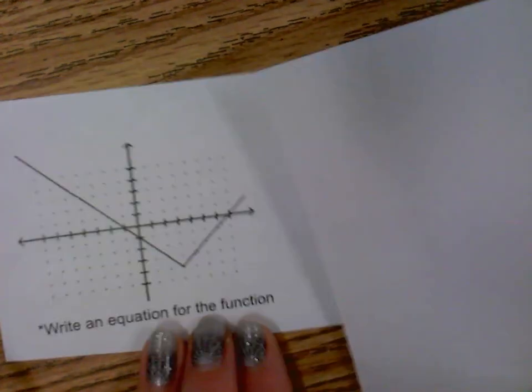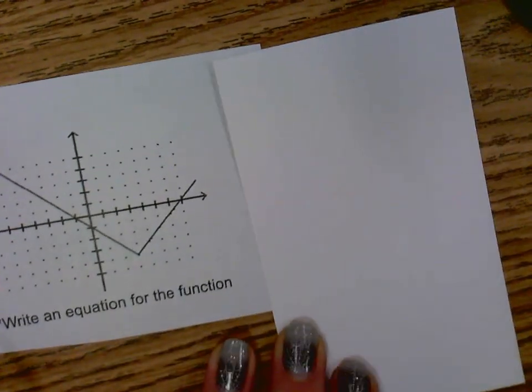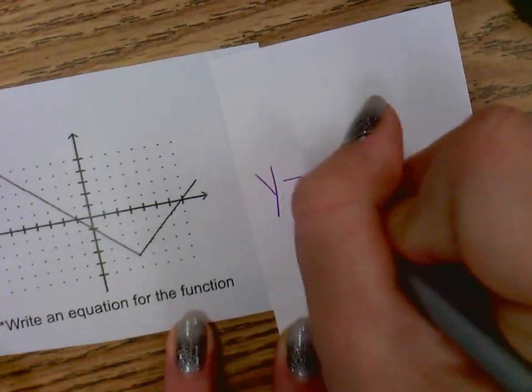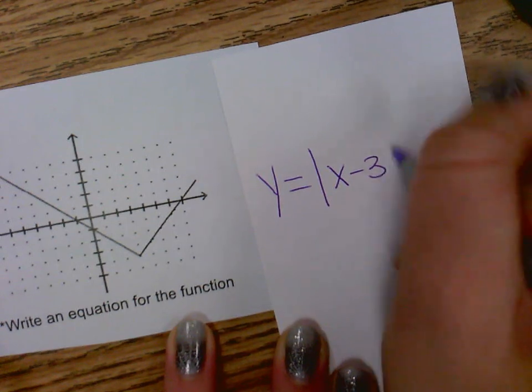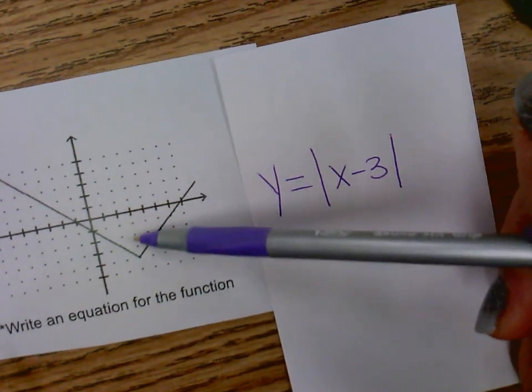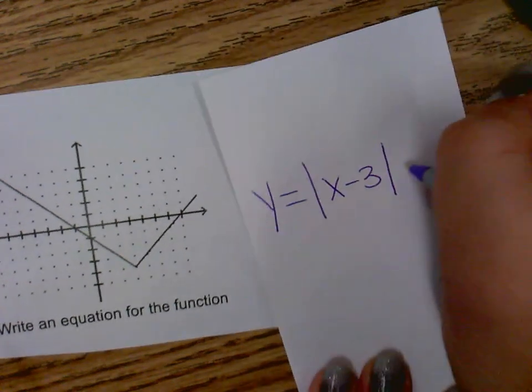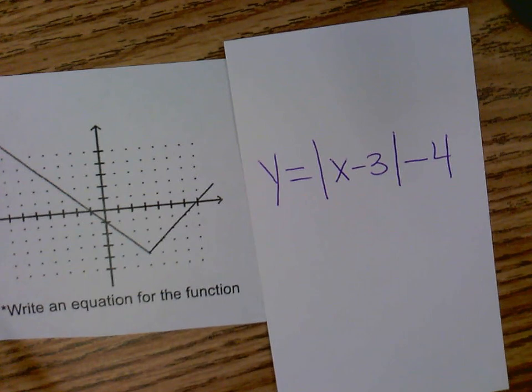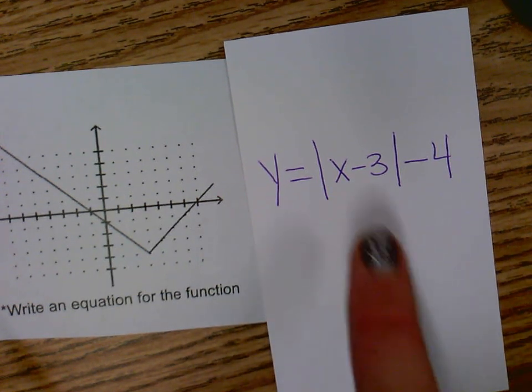Let's see, it's going to the what? The right 1, 2, 3 units. So inside the absolute value, x minus 3 to go to the right. And it's been going down 1, 2, 3, 4 units. So a -4 outside of the absolute value or parenthesis. I think of it as parenthesis because this is inside with x.